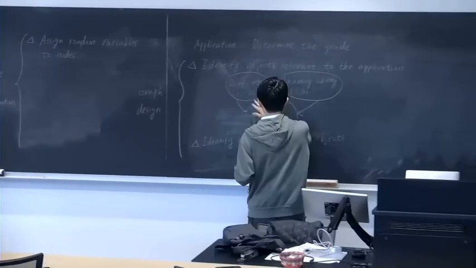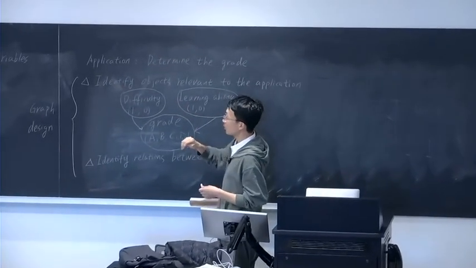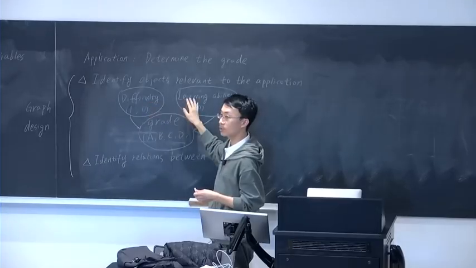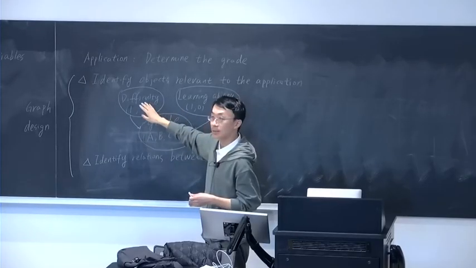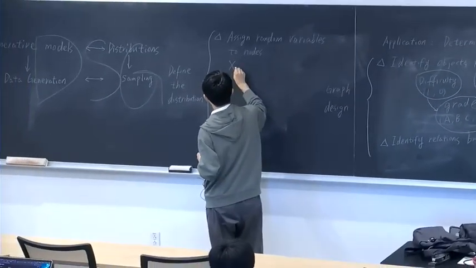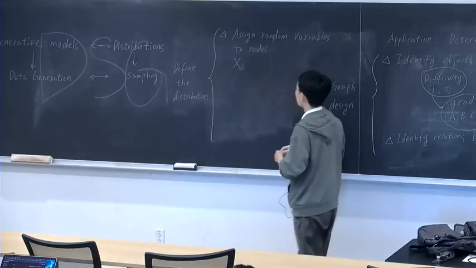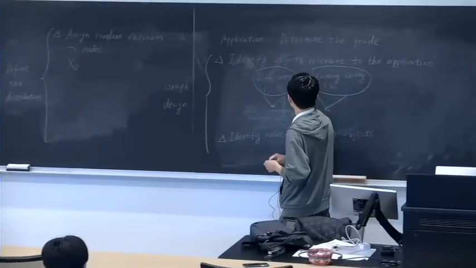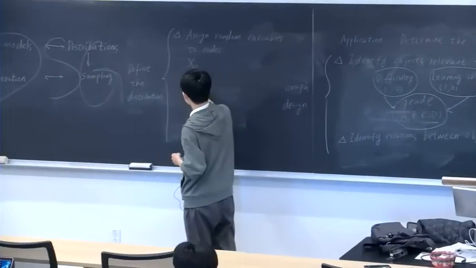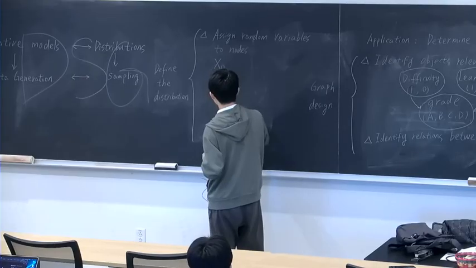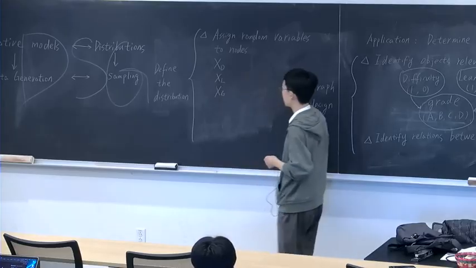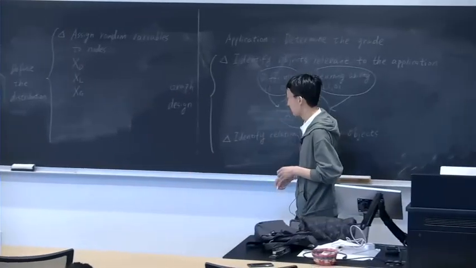So we have 3 nodes here. What we are going to do in this step is assign a random variable to each of them. So for difficulty, let's use a variable xd to denote the difficulty. And for learning capability, let's use xl to denote the learning capability. And for the grade, let's use xg to denote the grade.